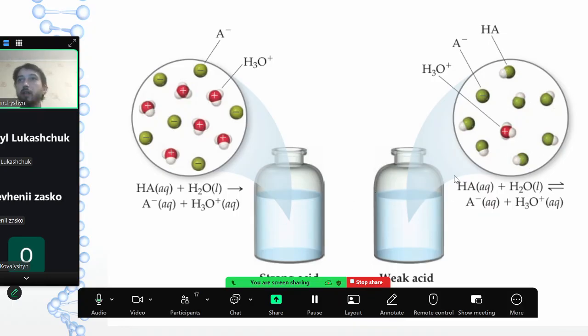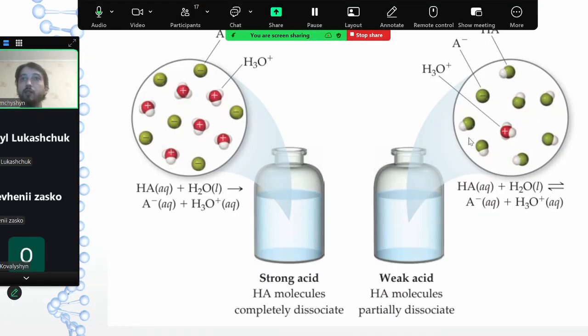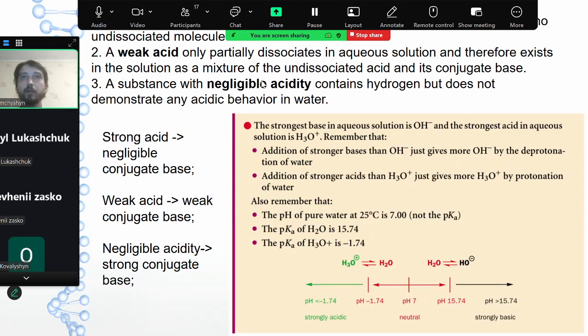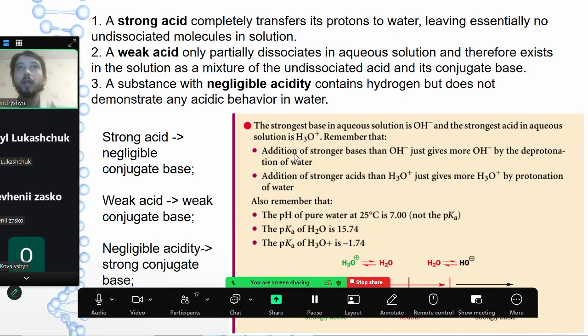So all these species can be found there, and you can calculate their concentrations.